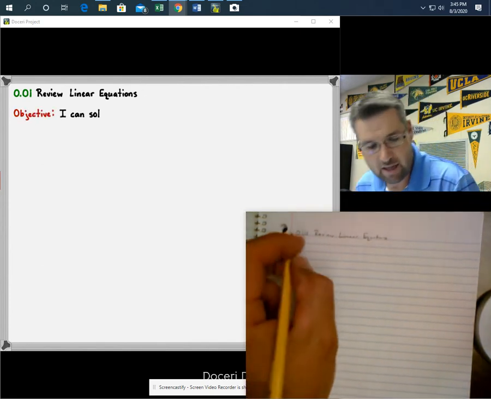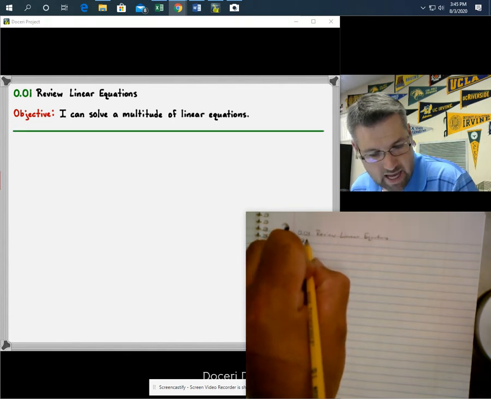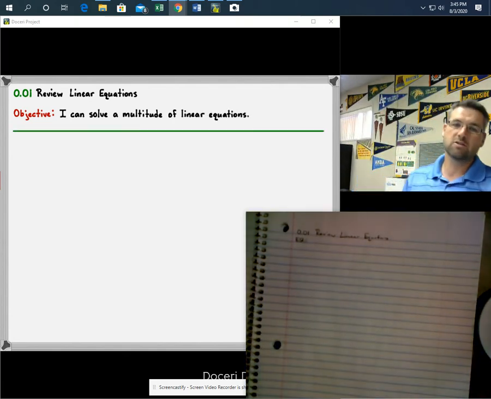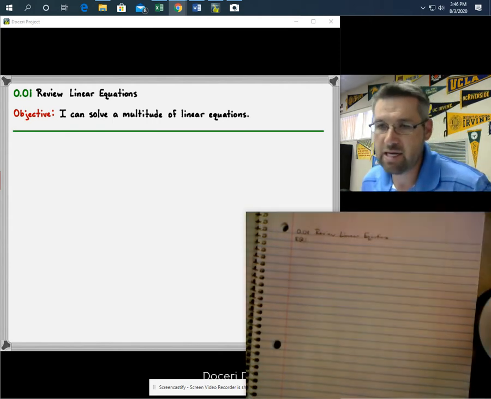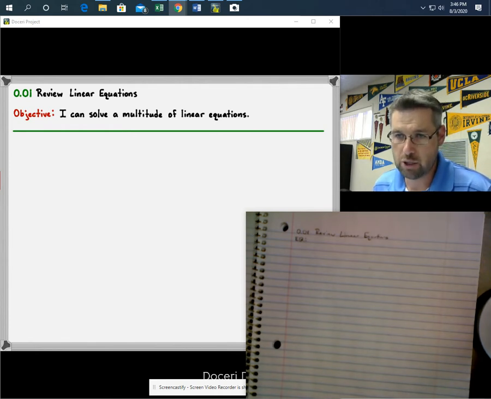Then from here, you're going to write down your essential question. So today, and I'll just put EQ here, EQ, okay? Today, the objective says I can solve a multitude of linear equations. What we want to do is write that as a question: how can I solve a linear equation? You never want to change it to say, can I?